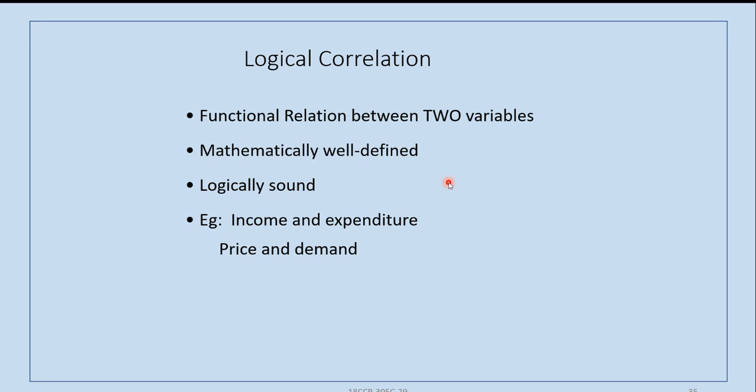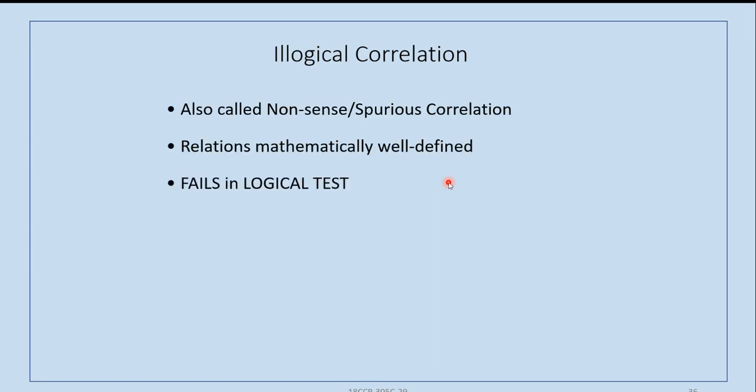Psychologically, that is logical. Two unknown people behaving the same is illogical. It is also called nonsense or spurious correlation. There is no logical relation though a relation is mathematically shown, so it fails the logical test. For example, rainfall and babies born.